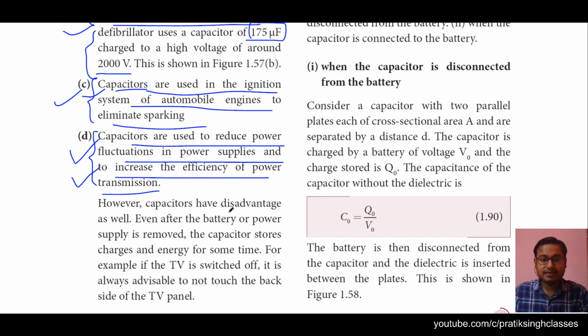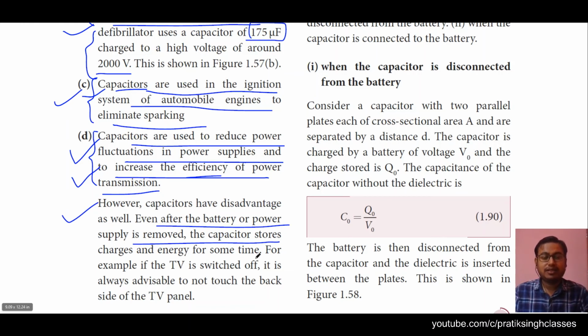However, capacitors have disadvantages as well. Everything which we use in our day-to-day life has advantages as well as disadvantages. What is it? Even after the battery or power supply is removed, the capacitor stores charge and energy for some time.